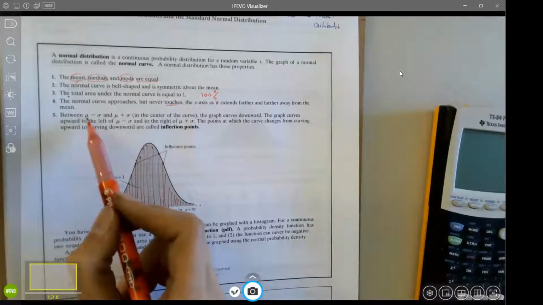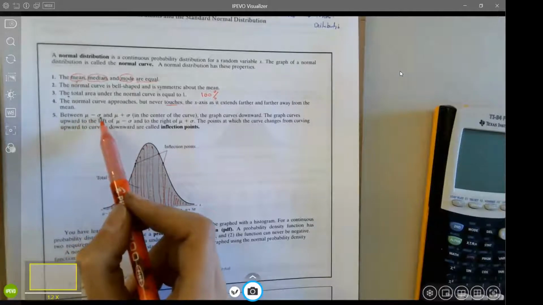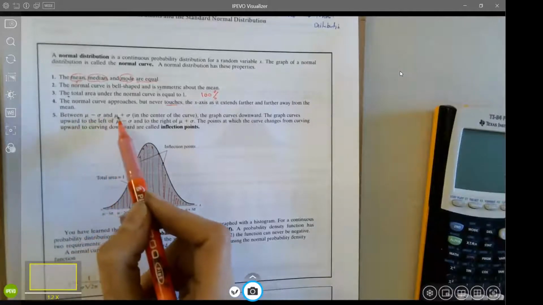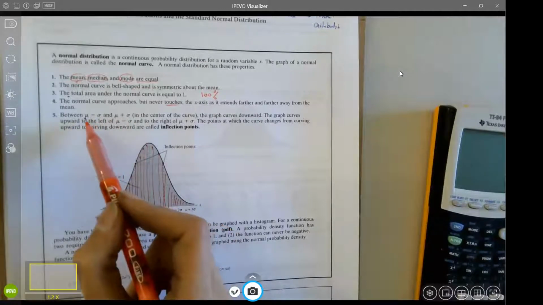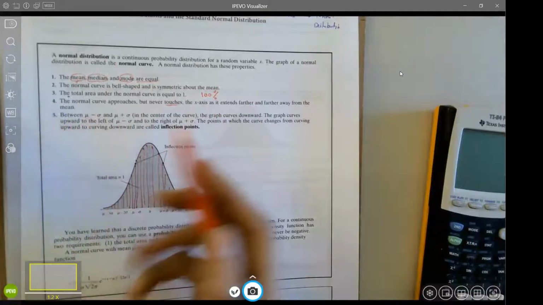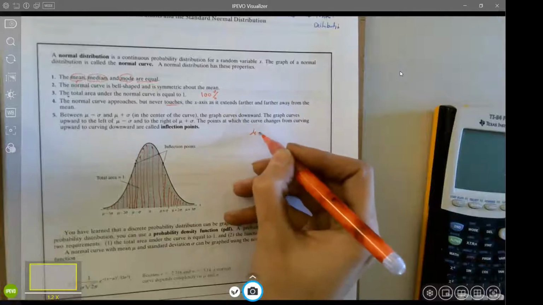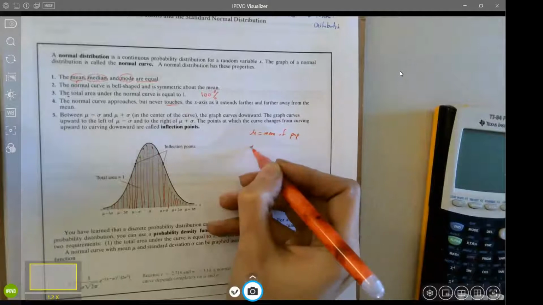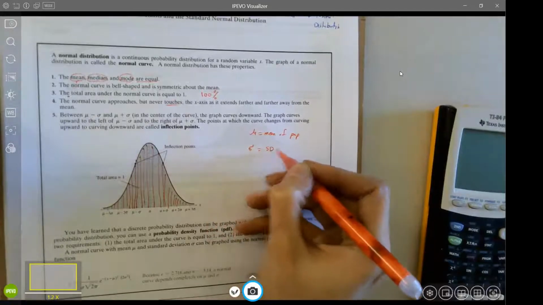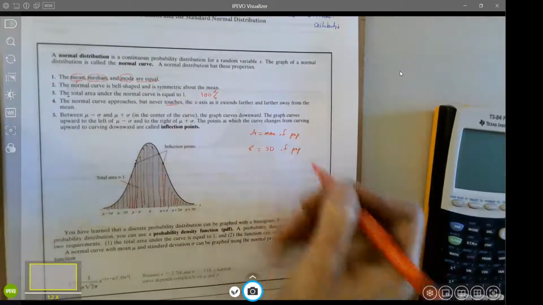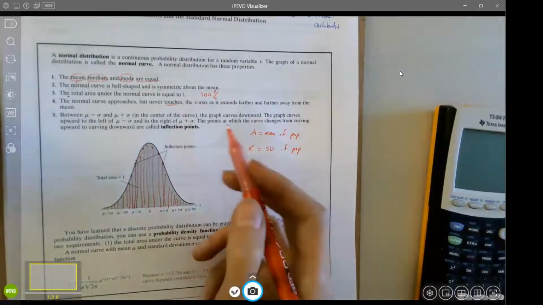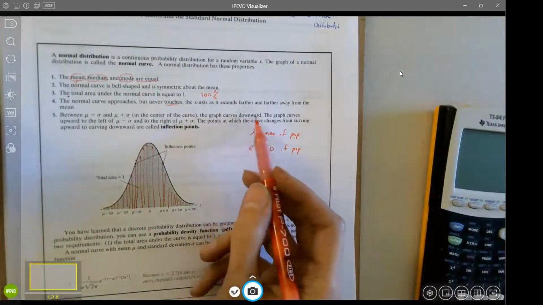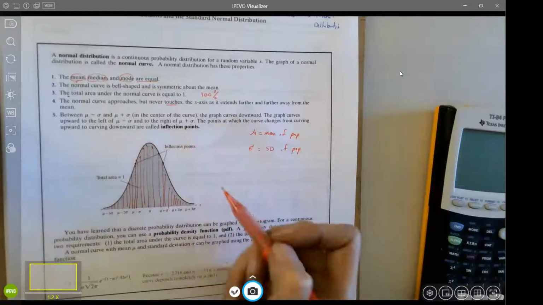Between mu minus sigma and mu plus sigma, remember that mu was the mean of the population and sigma was the standard deviation of your population, the graph curves downward. So take a look at this.